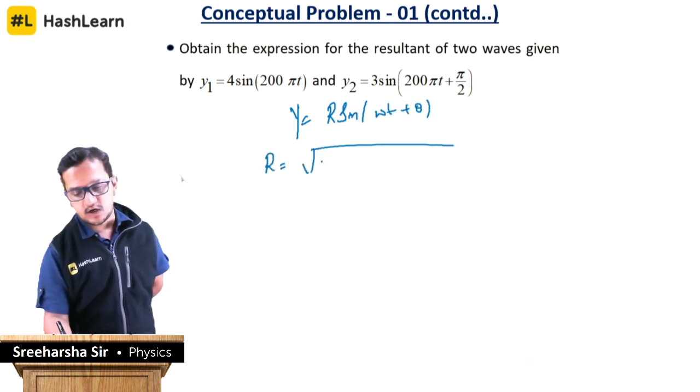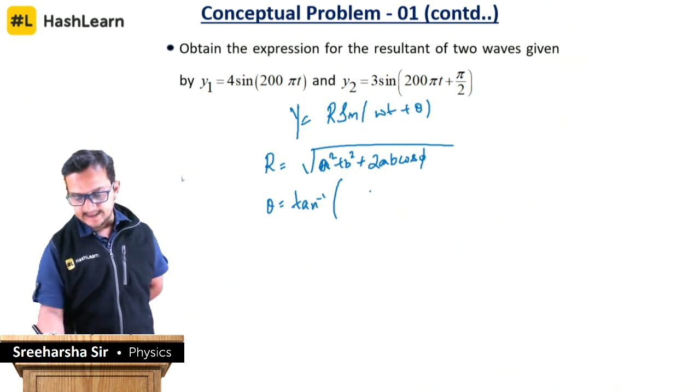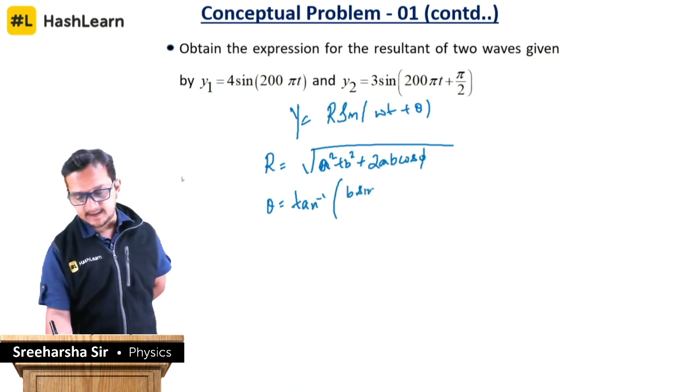where R is equal to root of a square plus b square plus 2ab cos phi, and theta equals tan inverse of b sin phi divided by a plus b cos phi.